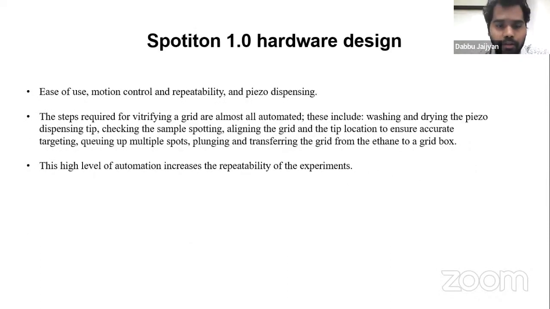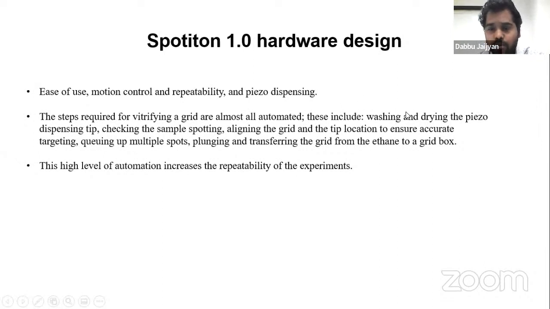So I would like to give a very brief introduction to the Spotiton hardware design. It is very easy to use, has robust robot motion controls, and has more reproducibility with the piezo dispensing. All the steps required for the vitrification of the grid are now automatic and can be controlled through the software.